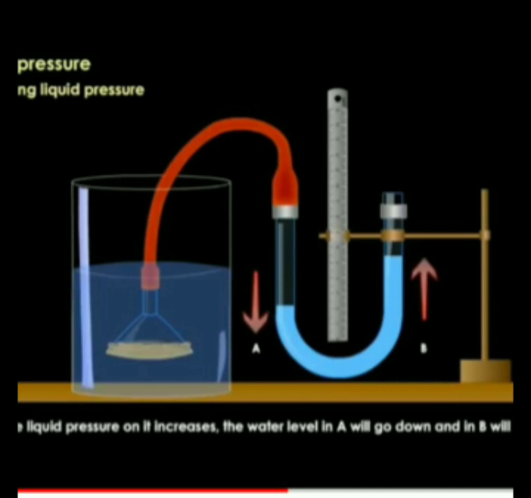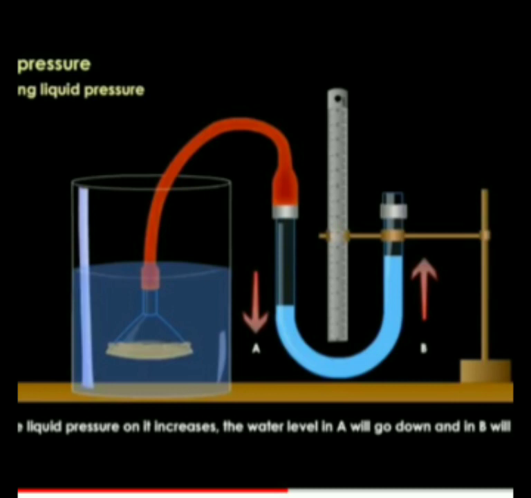As the pressure exerted by the liquid on the mouth of the funnel increases, more and more mercury shifts towards the right arm of the U-shaped tube, and the difference between the mercury levels increases. As the shifting of mercury increases, this shows the higher pressure exerted by the liquid.